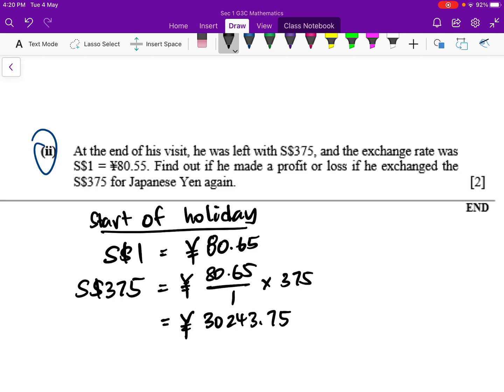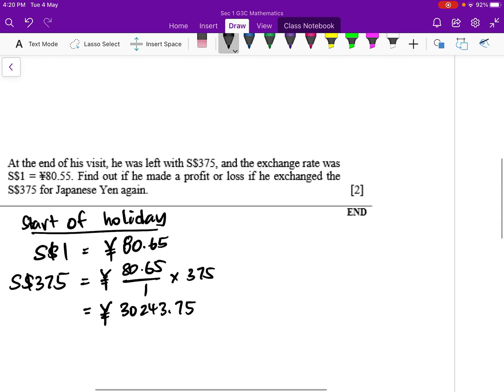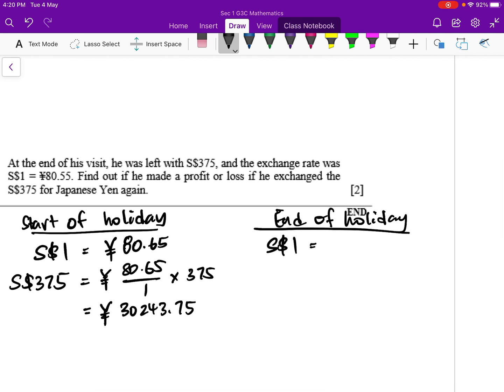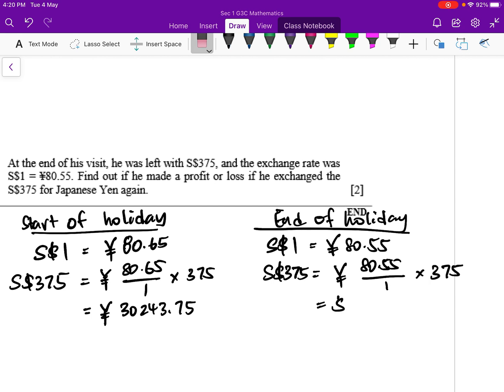30,243.75 yen. And now at the end of the holiday, our 1 Sing dollar is equivalent to only 80.55. So our 375, do the same calculation again. 80.55 over 1 times 375, not dollar, it is yen. 30,206.25.